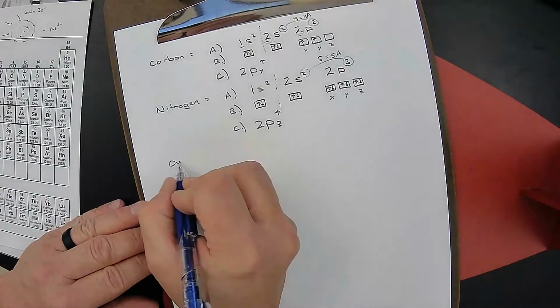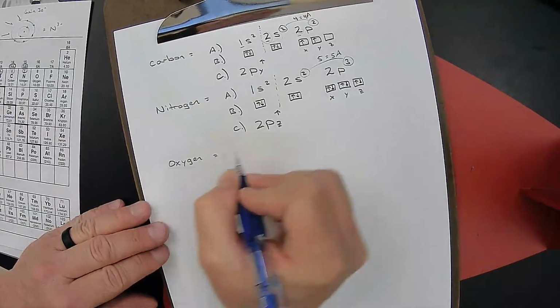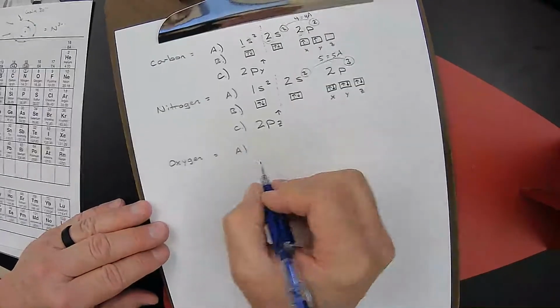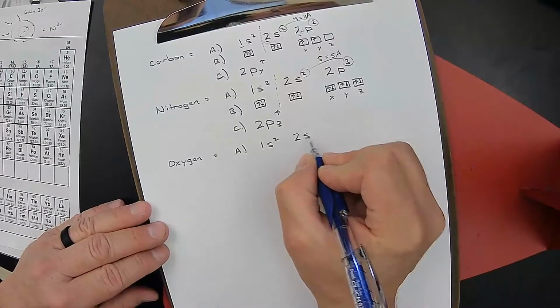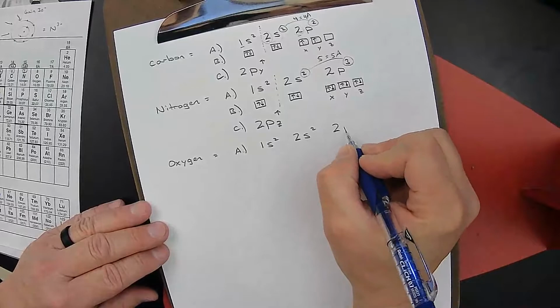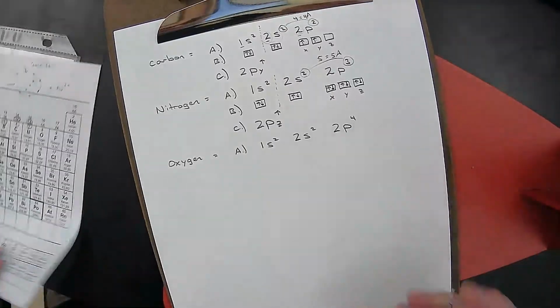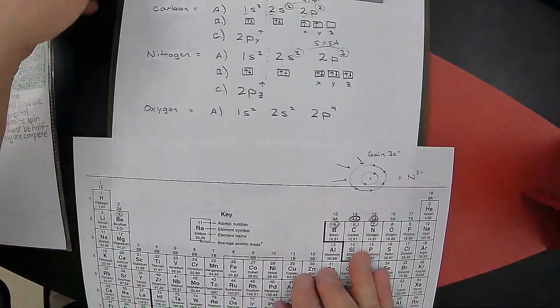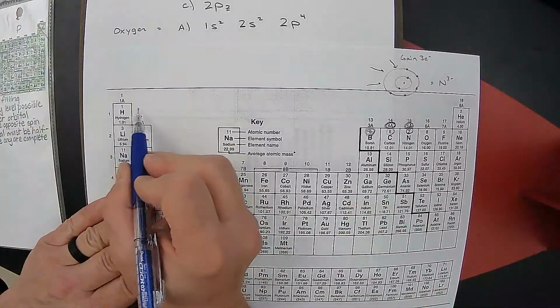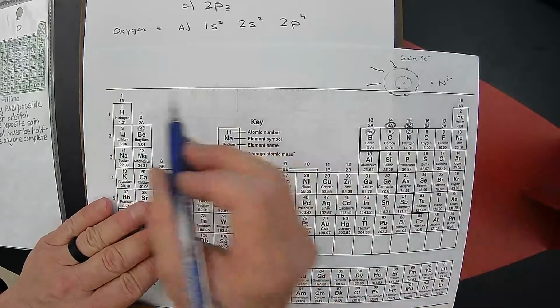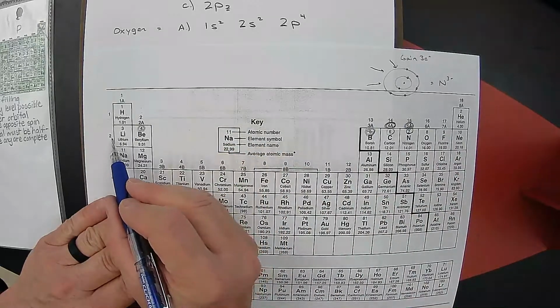Next, we have oxygen. Oxygen is 1s2, 2s2, 2p4. Why is it 1s2, 2s2, 2p4? We start with principal quantum number 1. We count over 1, 2 because helium's over on this side. We go to principal quantum number 2.